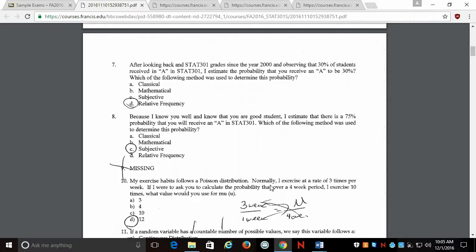If I look back historically and say 95% of students have passed my class over the last 14 years, what method is that? Relative frequency. If I say, based on knowing you and how good a student you are, there's a 99.9% chance you graduate from college in 4 years, that is the subjective approach, right? Does this make sense? Those are good multiple choice questions.